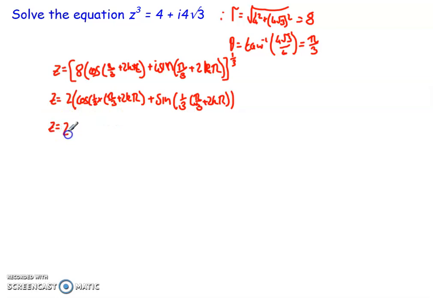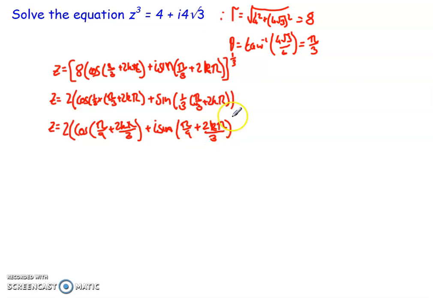So z equals 2 bracket cos of pi by 9 plus 2k pi over 3 plus I sine of the same thing, pi over 9 plus 2k pi over 3.